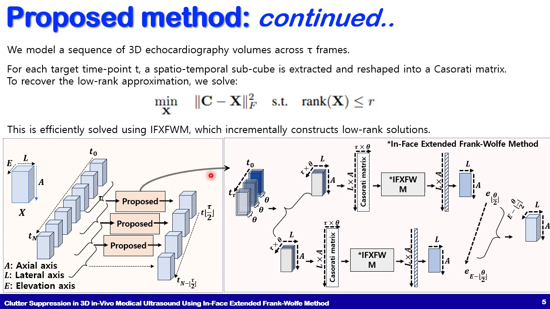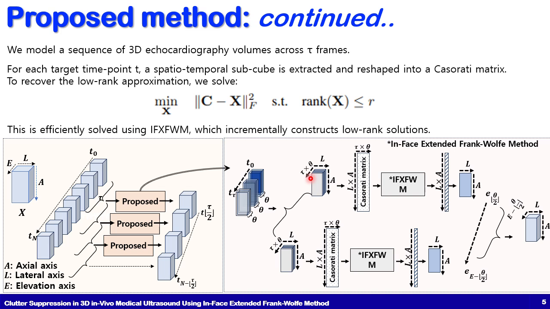Inside the proposed algorithm, we consider not only the spatial information but also the temporal, and to do so we extract theta number of adjacent slices from each volume and arrange them in the configuration shown here, where tau is the time and theta is the number of adjacent slices taken for the processing.